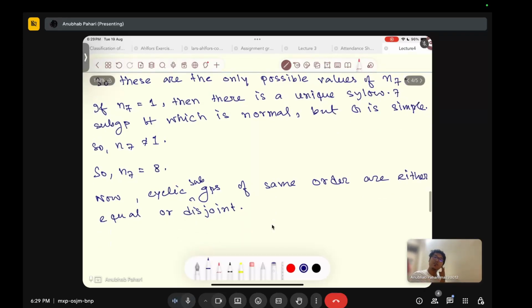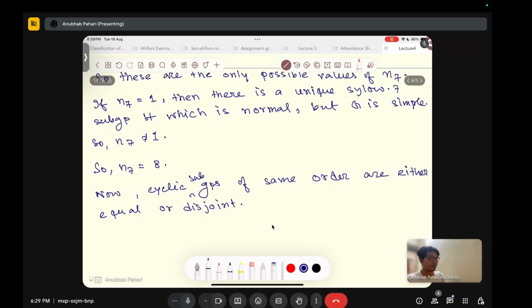Because if they have a non-trivial element in common, since it is cyclic, you can repeatedly take powers of it and you will get the other subgroup, which will imply that they both are equal.